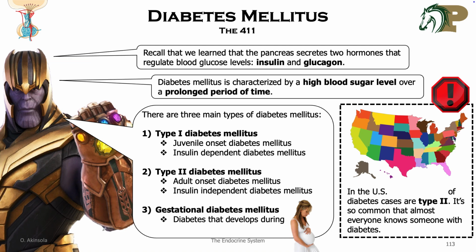You have type 1 diabetes. This is juvenile onset, meaning that it occurs in younger people. It can also be referred to as insulin-dependent diabetes mellitus. And what that means is the presence of type 1 diabetes depends on the absence of insulin. I'll say that again, okay?